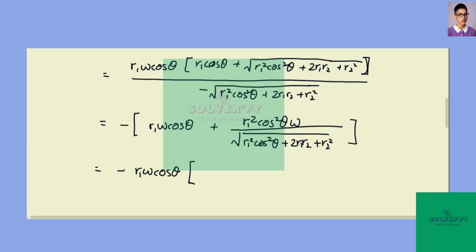Then this is what you get: 1 plus R1 cosine theta divided by the square root of R1 squared cosine squared theta plus 2 R1 R2 plus R2 squared. So this is our final answer for velocity in terms of theta.